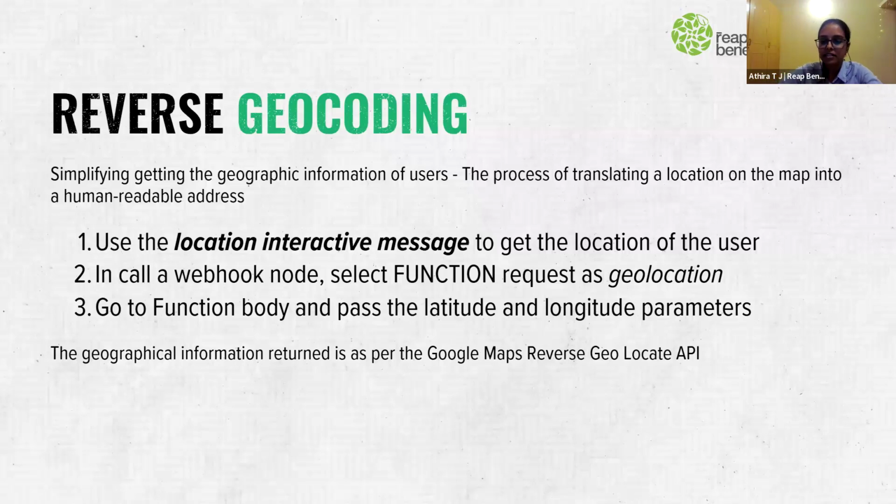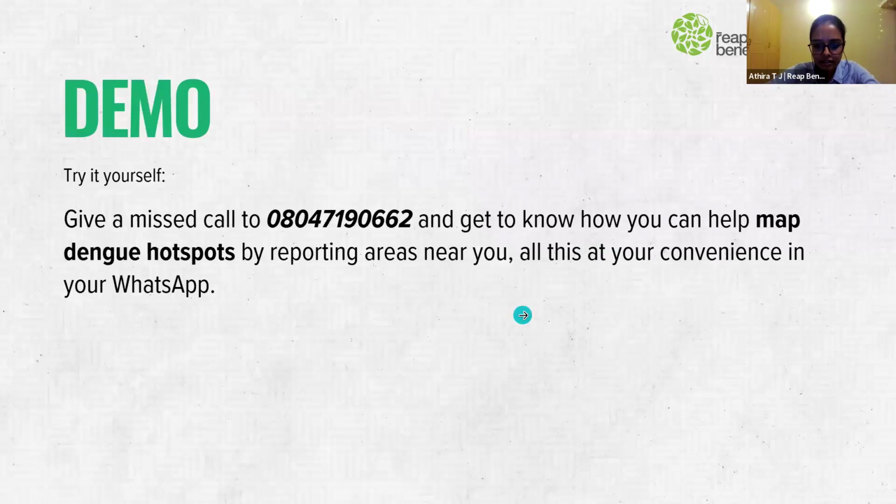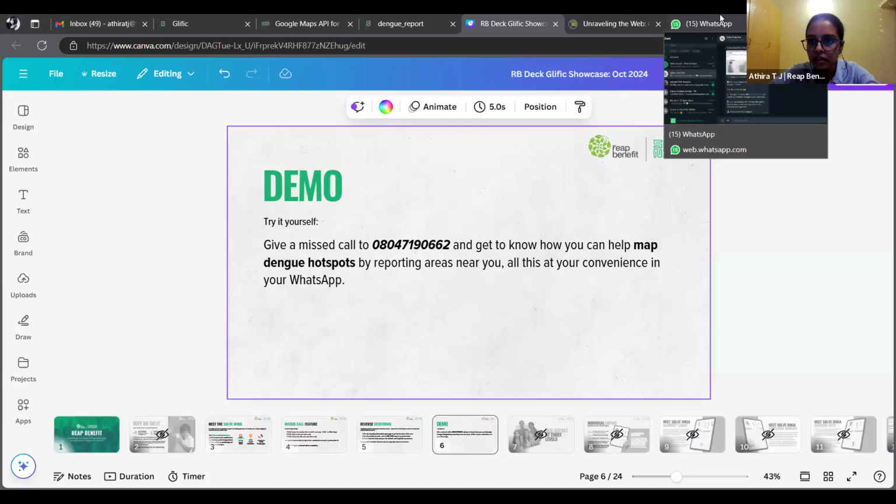And next we'll just quickly go through a demo. If you are interested, you can also take part in this. Just give a missed call to this particular number, 08047 190. I will also show a demo.